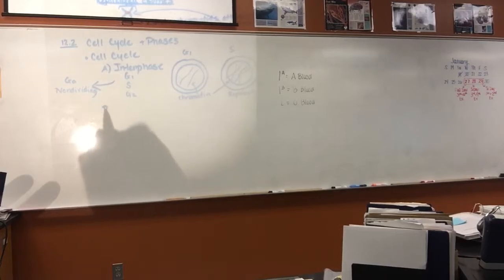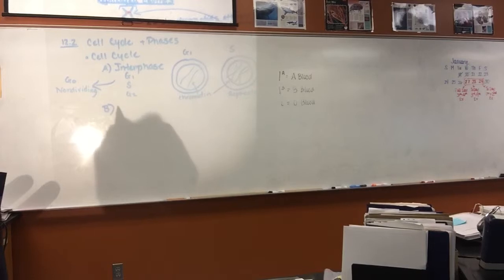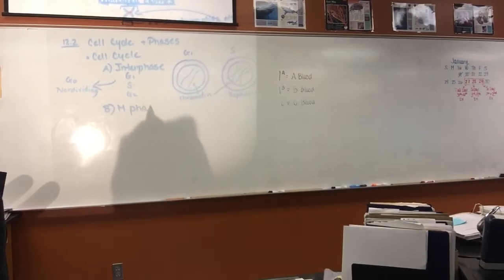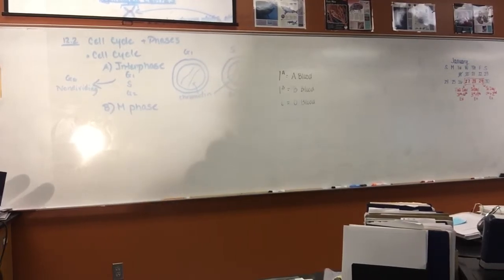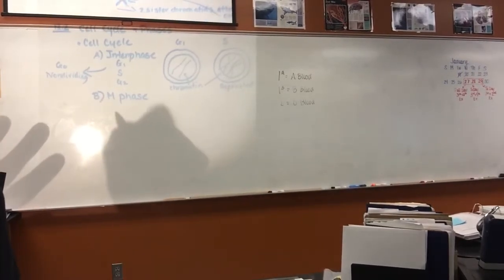And then the second phase of the cell cycle, after interphase, is called the M phase, or mitotic phase. And this actually has two parts. The first part is mitosis.